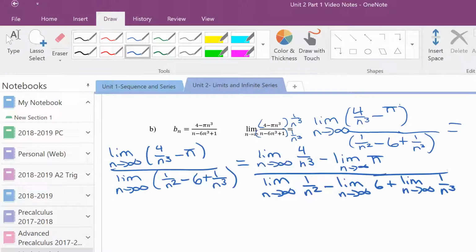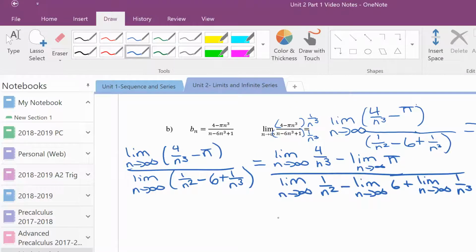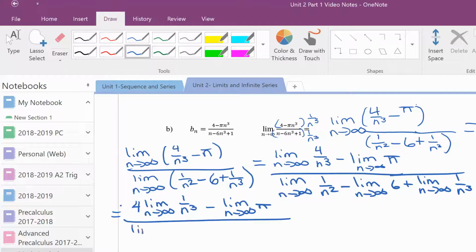And then we want to get the constants to the front, the only one is the one at the top. So it's equal to 4 times the limit as n approaches infinity of 1 over n to the third minus the limit as n approaches infinity of pi over the limit as n approaches infinity of 1 over n squared minus the limit as n approaches infinity of 6 plus the limit as n approaches infinity of 1 over n to the third.